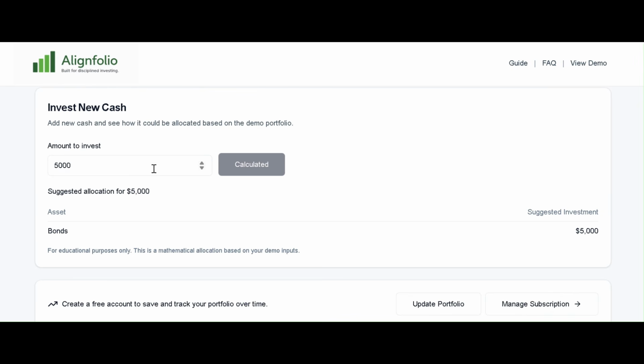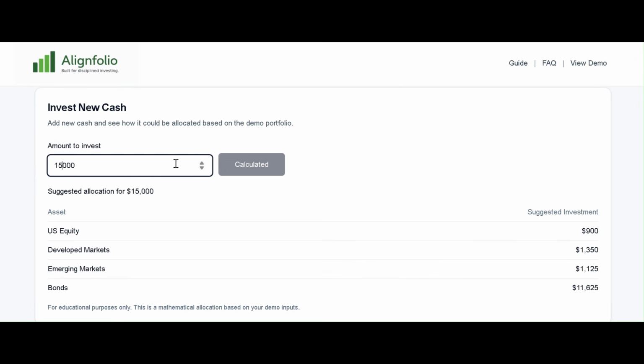In this example, more new cash would go toward bonds, while less new money would go toward U.S. equity and developed markets. Over time, this can help bring the portfolio back toward its original target allocation without needing to sell existing positions. And it instantly answers the question, where should I invest my new cash?